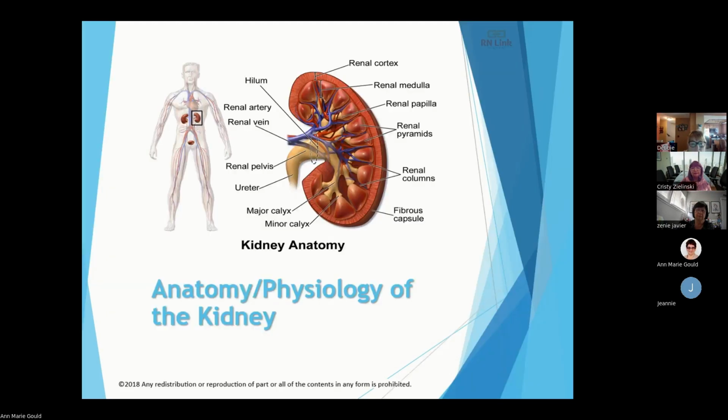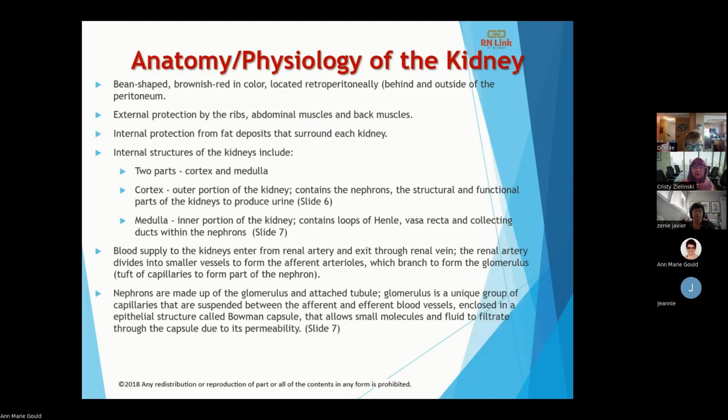So let's talk about anatomy and physiology of the kidney. I think this is a really nice snapshot of the kidney anatomy because it gives you all the information that we're going to be discussing soon. So it's a great little picture to have. When it comes to our A&P, of course, we know it's bean-shaped, brownish red in color, and located retroperitoneally.